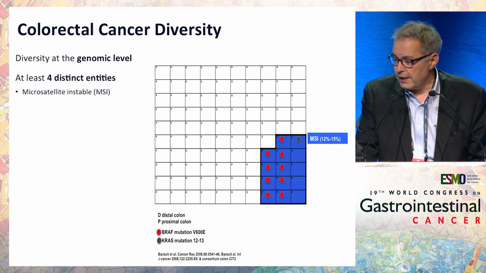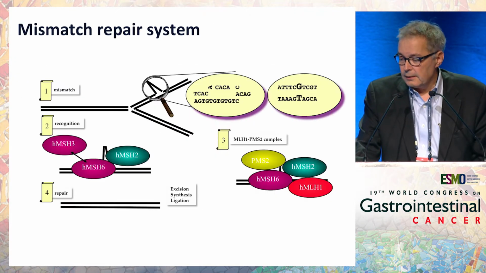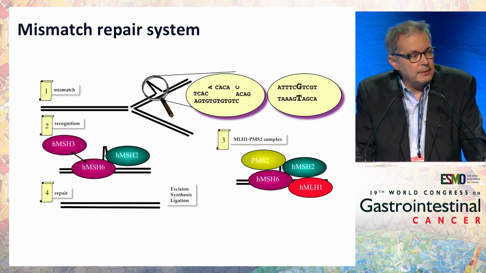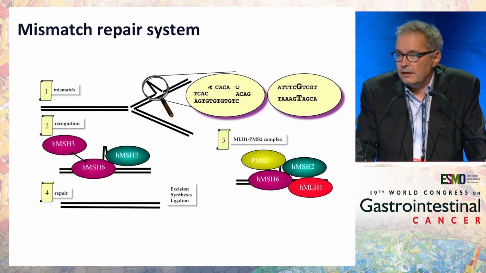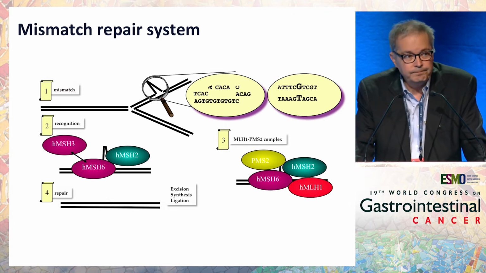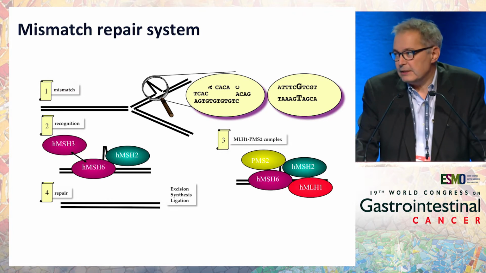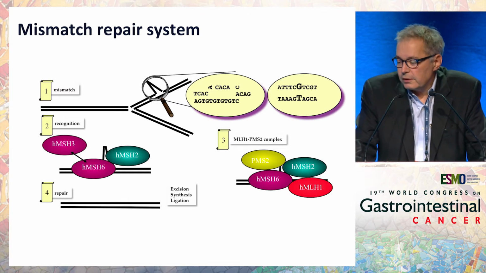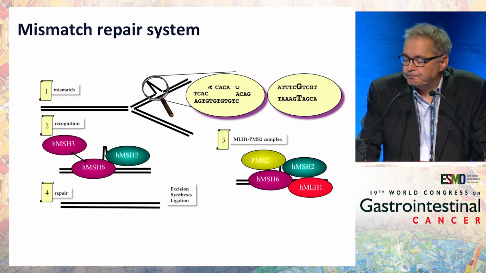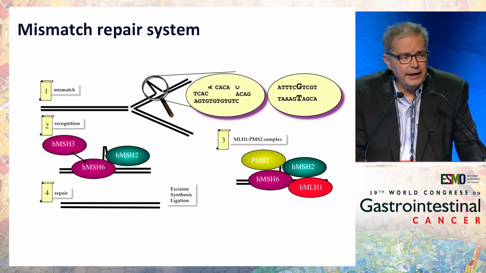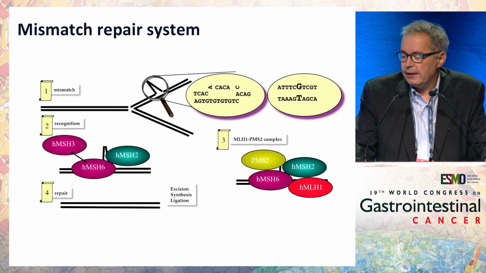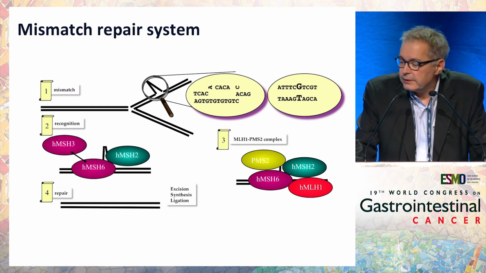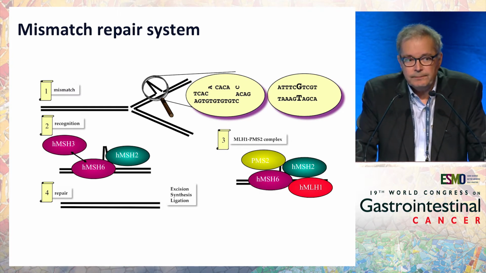The second phenotype is... this MSI phenotype is due to a defect in the mismatch repair system. This is a very schematic representation of a replication fork of the DNA, and the polymerase that replicates the DNA makes some errors, and these errors are more frequent in some repeated sequences.